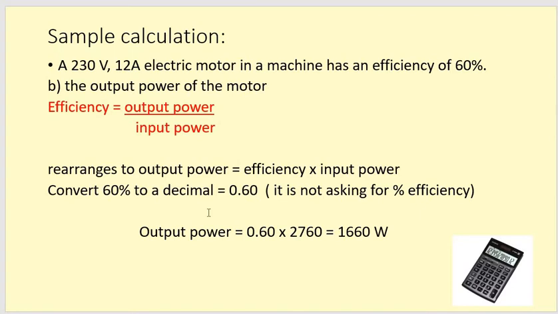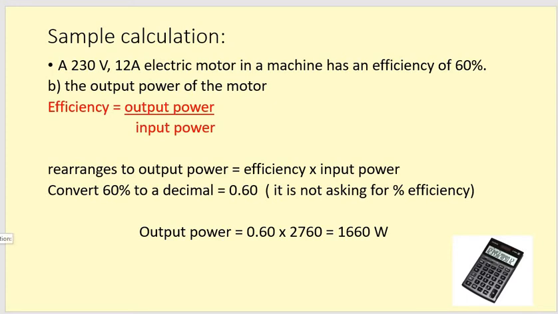We don't call it rearranging. If you're in maths, you talk about changing the subject of the equation. 60%, make it into a decimal, easy to work with, 0.6, because it's not asking for a percentage. So 0.6 times 2760 equals 1660. That is what is coming out. That is the useful energy.